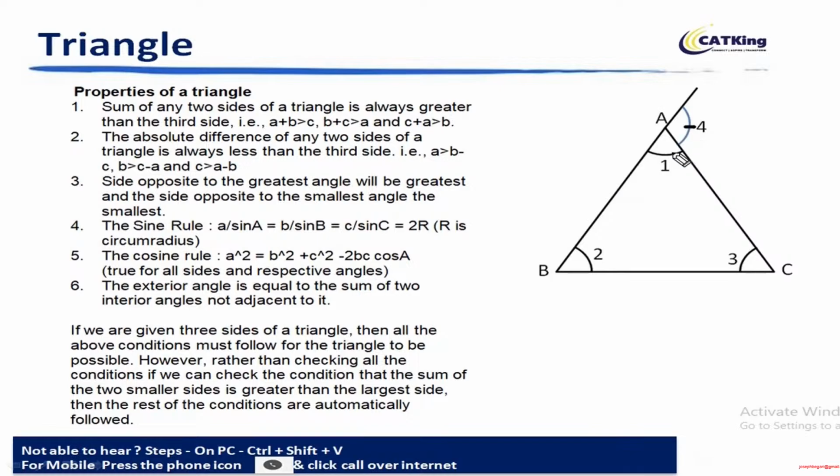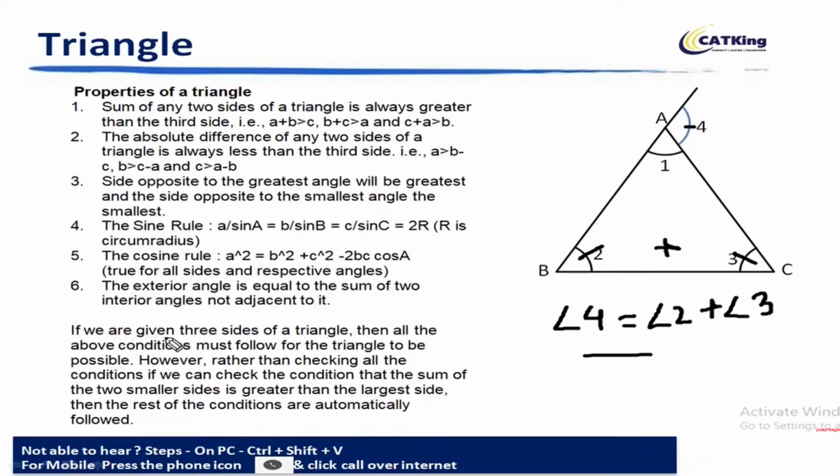Adjacent to this one is this, so angle 4 is equal to the sum of angle 2 plus angle 3. So this is known as the exterior angle property.